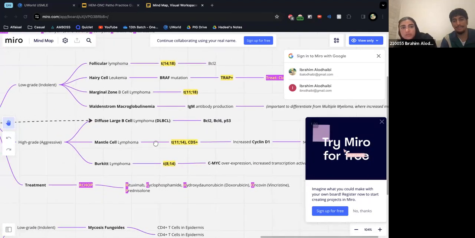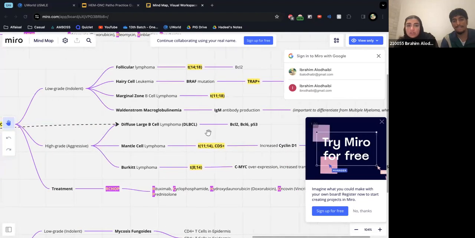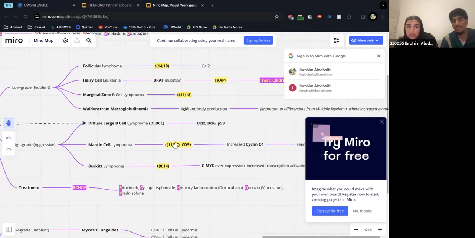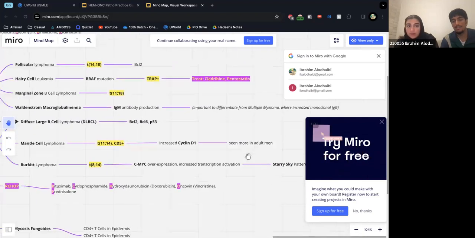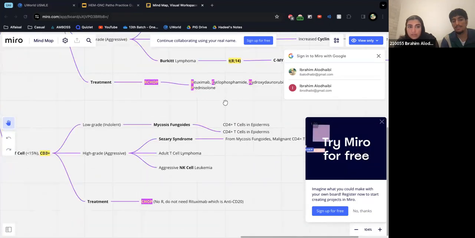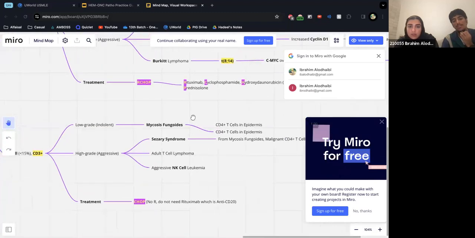IgM antibody production. Then in high grade, you've got diffuse large B cell lymphoma, which is BCL2, BCL6, and p53. Mantle cell, which is t(11;14) and CD5 positive, has increased cyclin D1. And in Burkitt's, which is t(8;14), c-MYC, this is the starry sky appearance. Okay. And then over here in your T cells, honestly, you guys are really not going to see a lot of this.